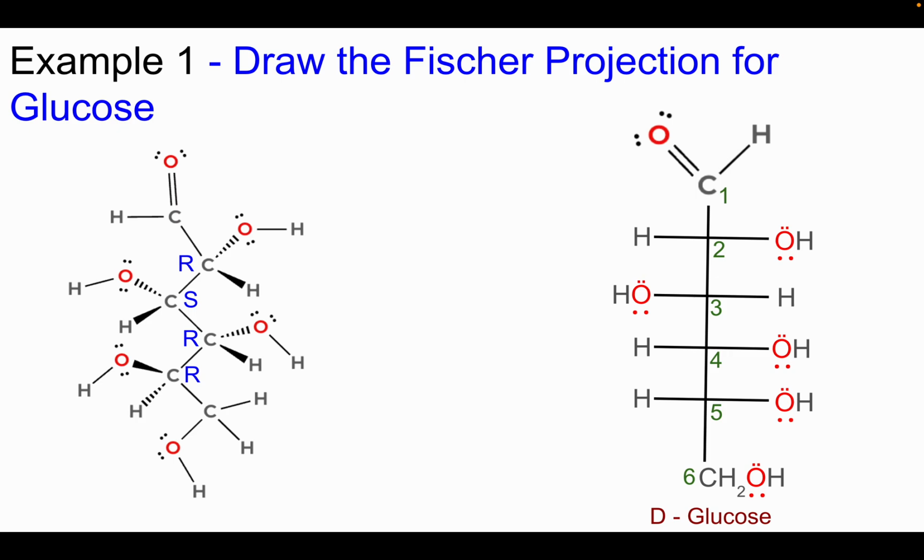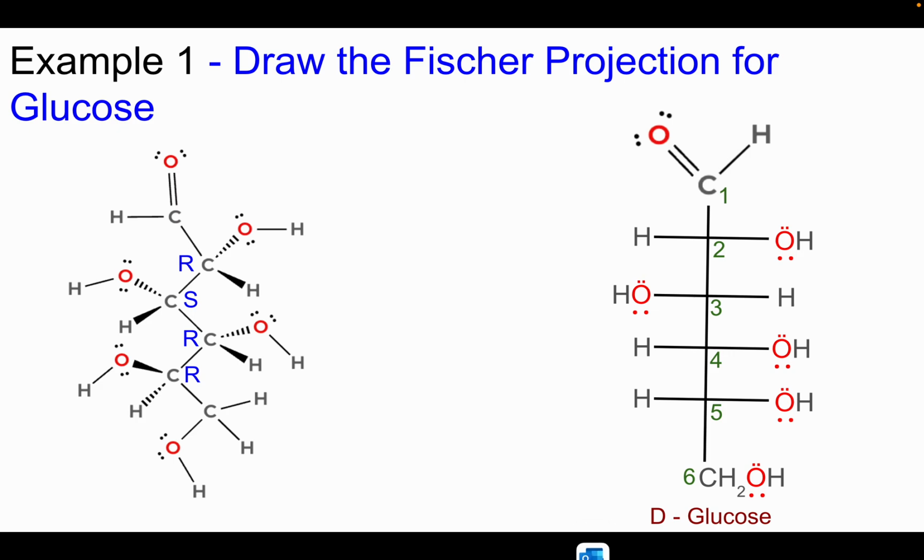And then we can number those carbons, 1, 2, 3, 4, 5, 6. And that'll be important because when you get to your assignment, we're going to take D-glucose, and I'm going to ask you some questions like, draw the diastereomer that differs at carbon 2, right?